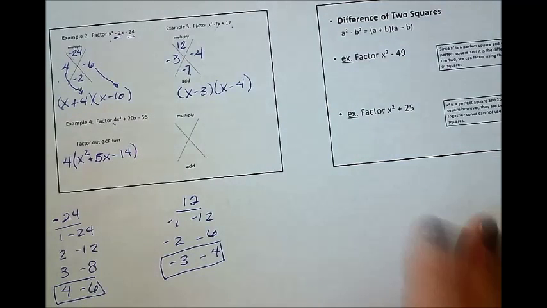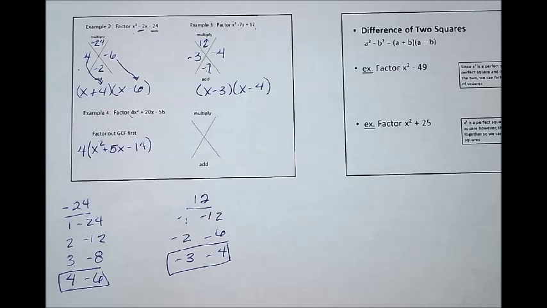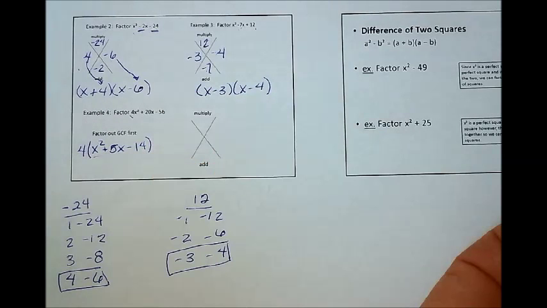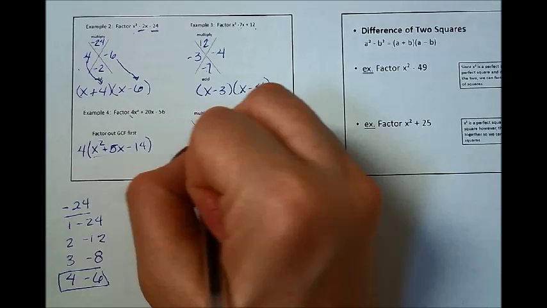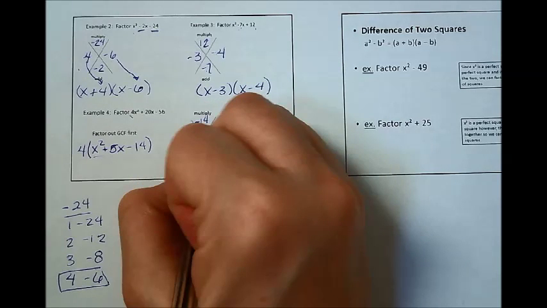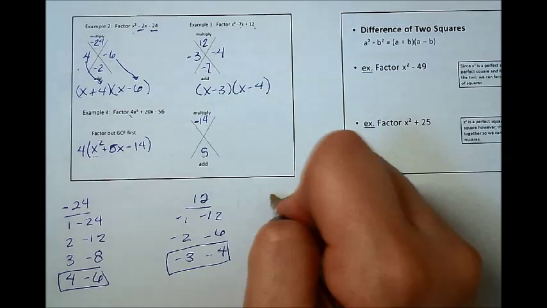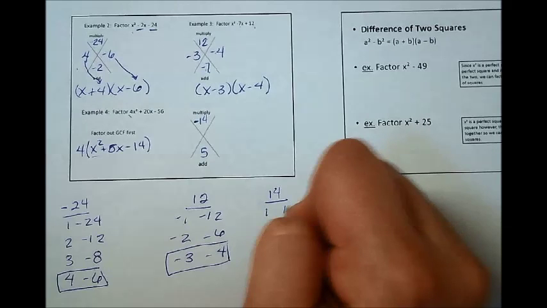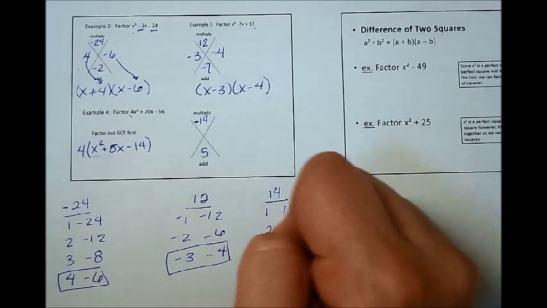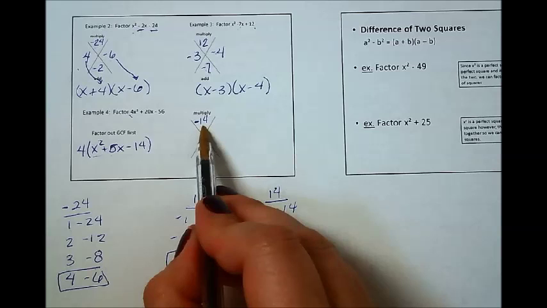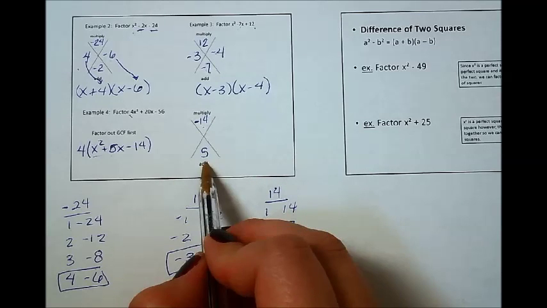Okay, straighten this back up there. So then we do know a nice simple way to do that one. We put that negative 14 up top and 5 on the bottom, and we say, okay, 14 is 1 times 14 or 2 times 7, and because this is positive and this is negative, we know one of them has to be negative and the bigger one is positive.